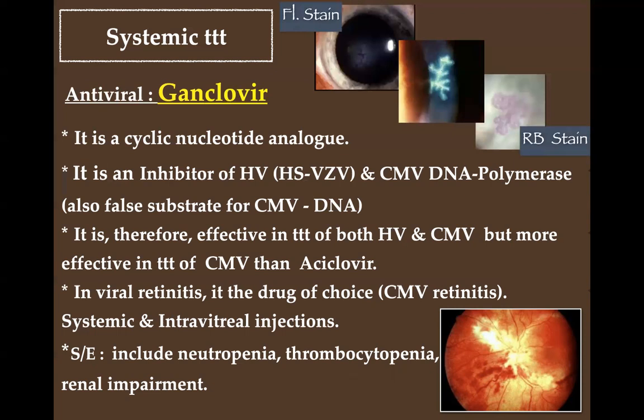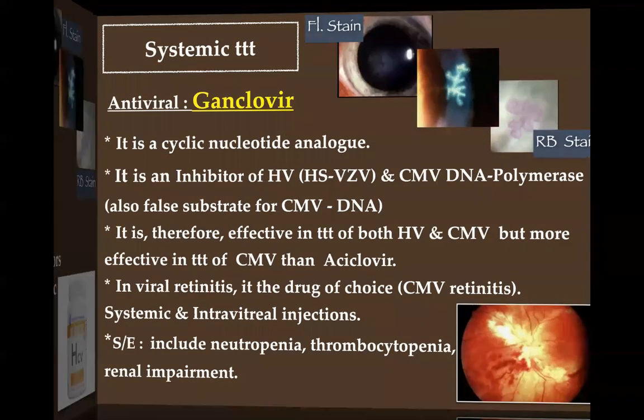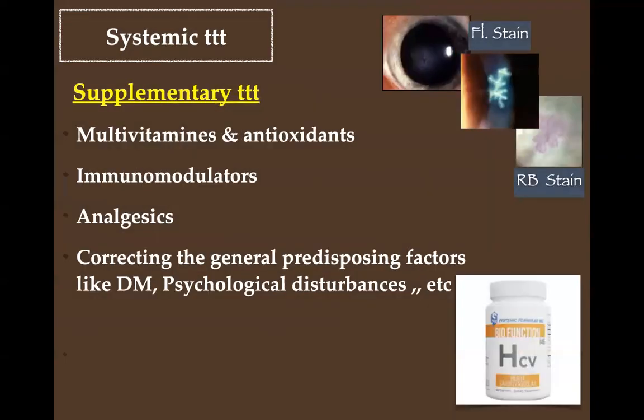So with acyclovir or generally the antiviral therapies, you have to check the renal functions and follow them up with the lab. You can also add supplementary treatments like multivitamins, antioxidants, immunomodulators, analgesics. Also correct the general predisposing factors like diabetes mellitus, psychological disturbances, and so on.